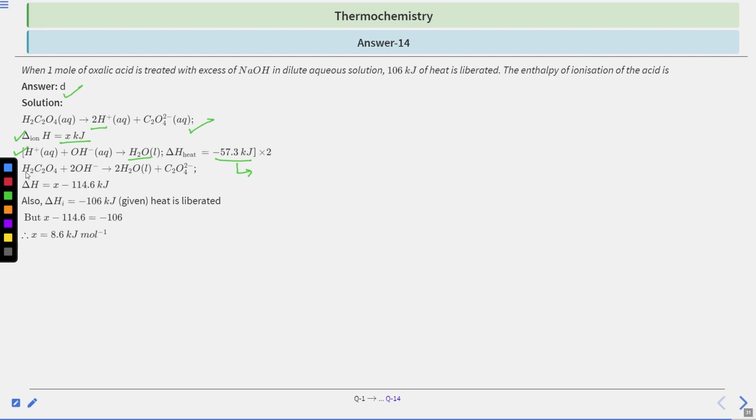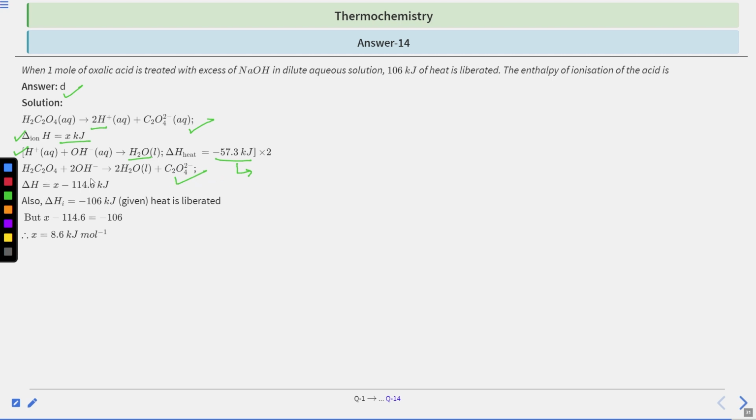So H2C2O4 plus 2OH- will give you 2H2O plus C2O4 2-, and this is the reaction of acid and base. Basically for NaOH we have taken the OH-, and it will form H2O and C2O4 2-, or if we take NaOH, it will form C2O4Na2, right?